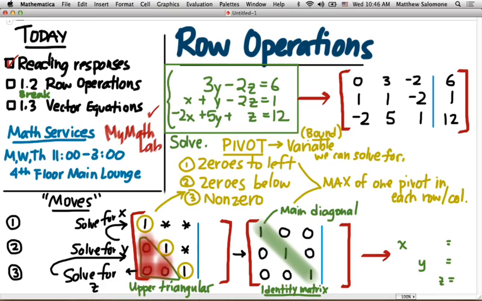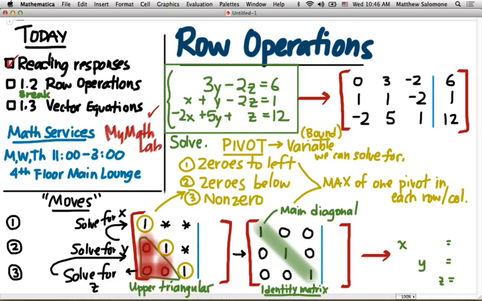We can only have at most 3 pivots in a 3 by 3 matrix, because there's only 3 rows, for instance, and we can only have at most 1 pivot per row. Likewise, it has 3 columns, and so I can only have at most 1 per column. So I can only have at most 3 pivots.